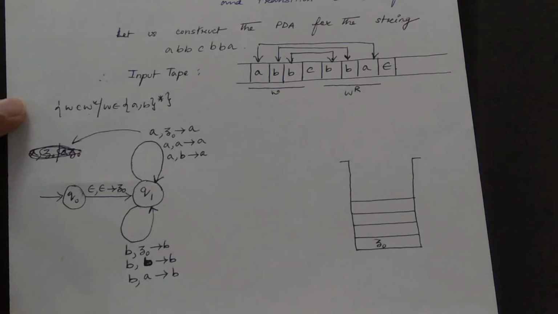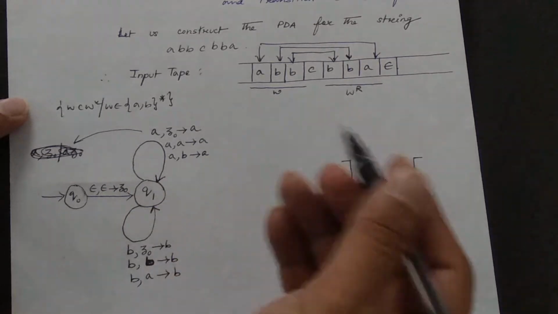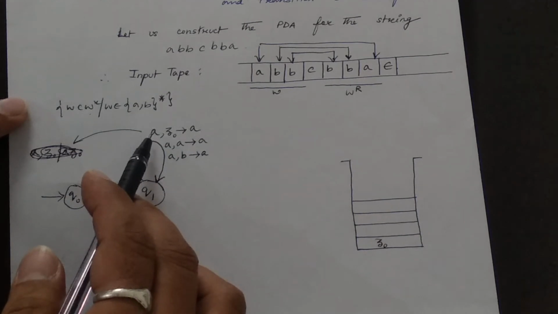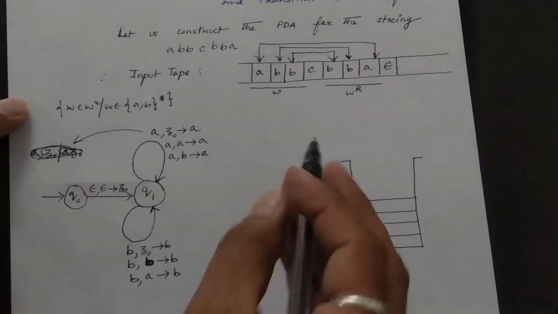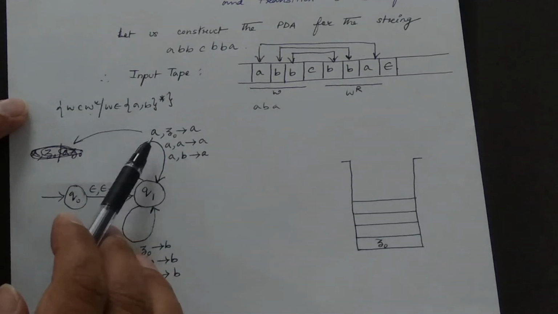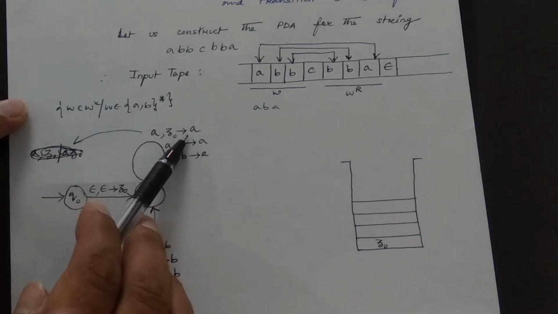Correct? You just keep in mind, you just think of it, right? Suppose the string may be like this: A, B, A. What will be the initial symbol? A. Again, I'm repeating, if I'm taking suppose a string A, B, A, then the top of the stack will be Z naught. What am I pushing? A. Clear?